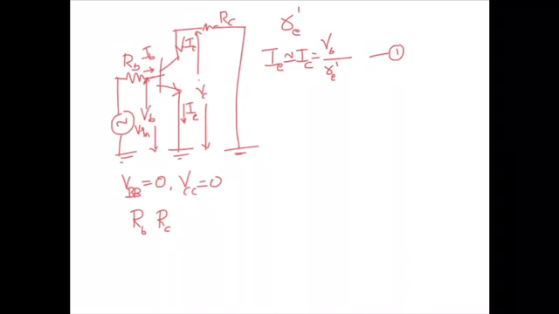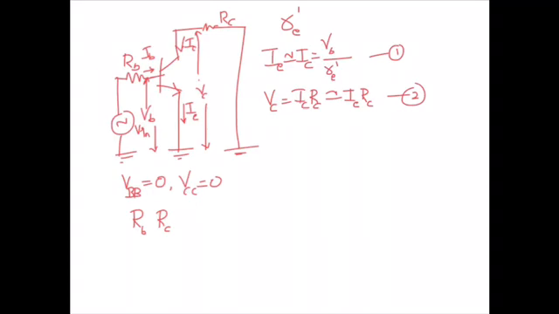Now the AC collector voltage will be VC equal to IC into RC. This can also be written as IE into RC. This becomes equation number 2. Also, according to the circuit diagram, VB is equal to V in minus IB into RB.